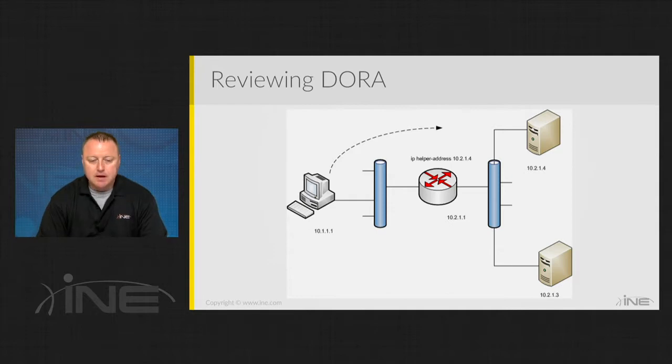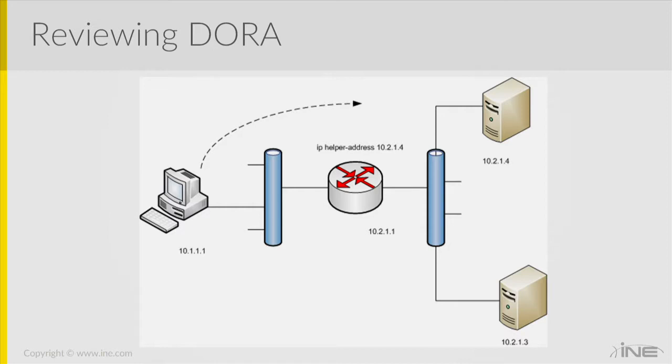So what could some of those be? Well, as you can see on the diagram, there's a couple of things that can happen here. For one, the client is on a segment, and it's asking for an IP address, and it needs to traverse a router.